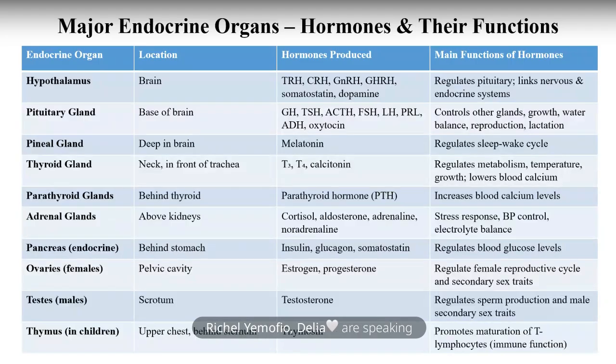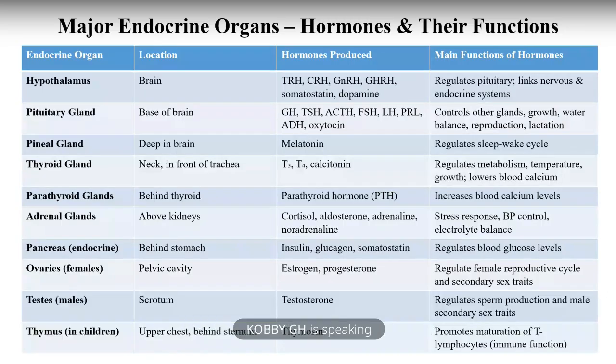For the other ones, they have their own primary function, but as part of their function, they also pass certain chemicals through the bloodstream, which is endocrine. One way or the other, they also produce certain chemicals that before they get to their targets, pass through the bloodstream. That is what makes them other endocrine organs.